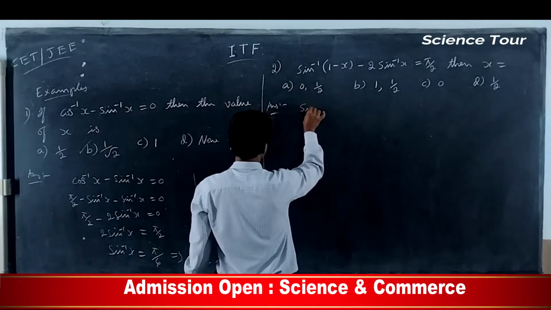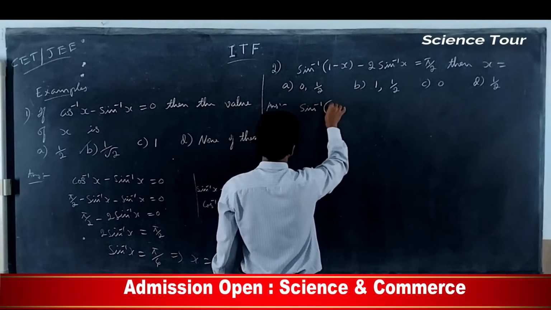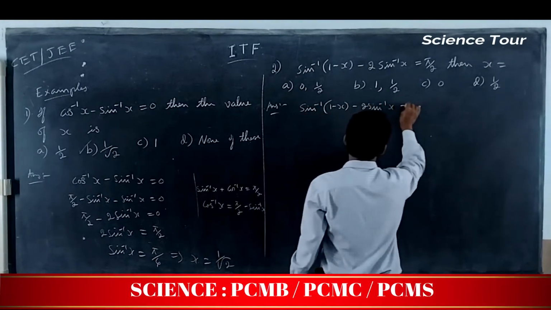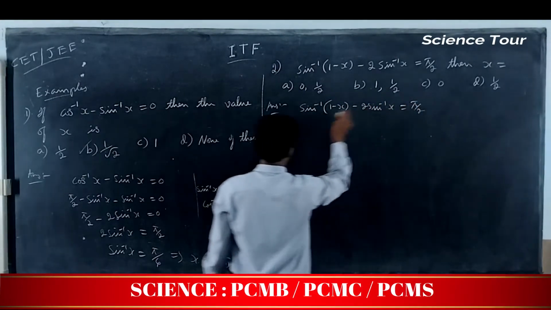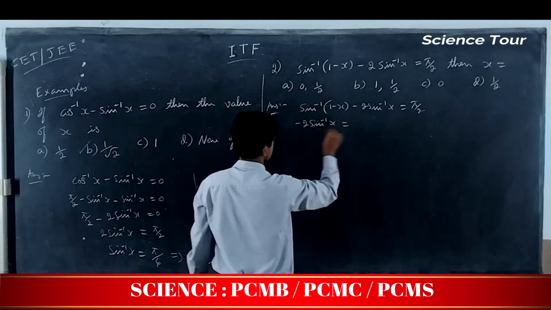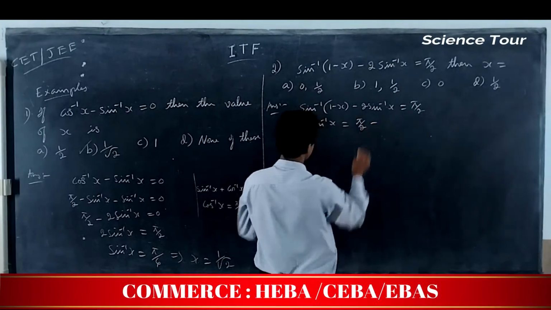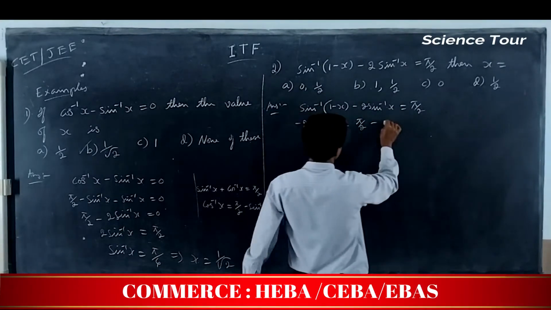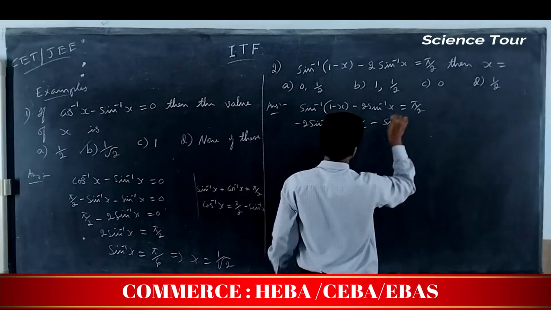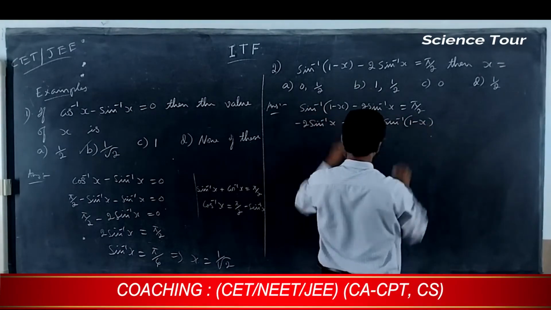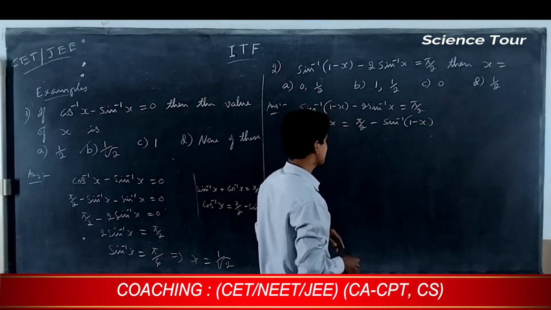Let me take the given expression, sine inverse of (1 minus x) minus 2 sine inverse x is equal to pi by 2. Now 2 sine inverse x, I'll take to the right hand side, so that will be sine inverse of (1 minus x) equal to pi by 2 minus that.